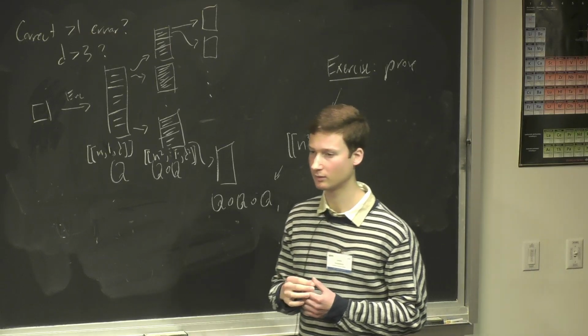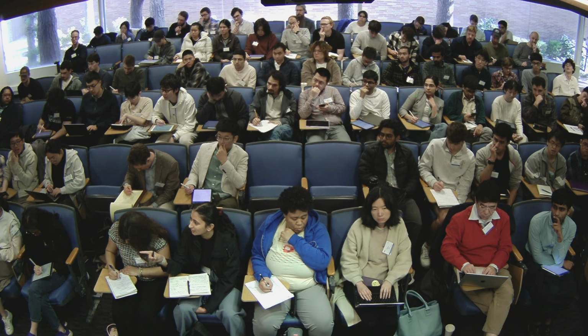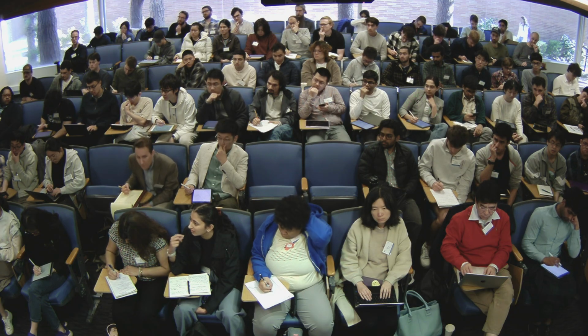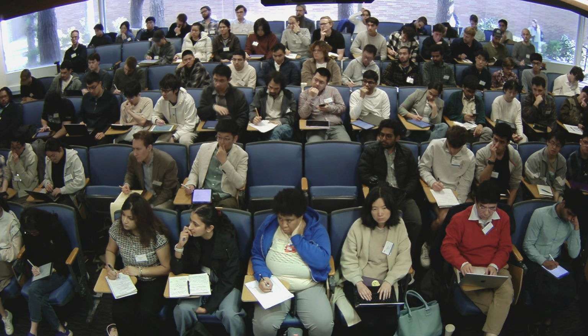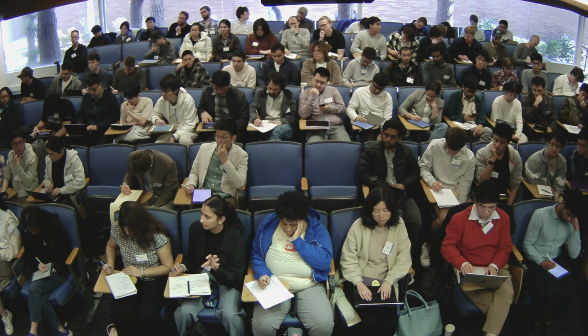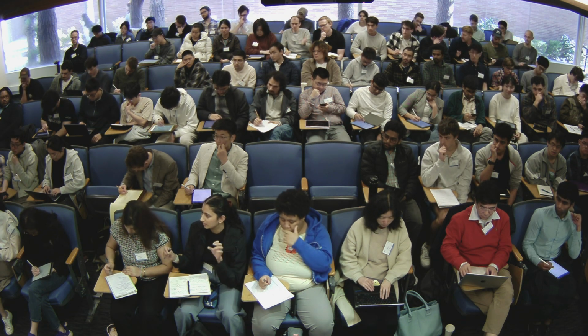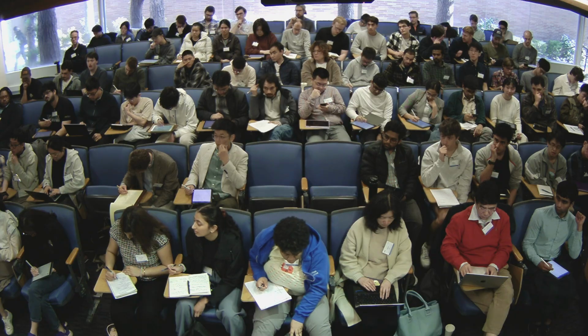Yes? Sorry, can you not encode one qubit in more than 3 qubits to increase the distance? Because here we're putting one qubit into 3, right? 0 goes to 000, 1 goes to 111. So can we not do 5 or 6?